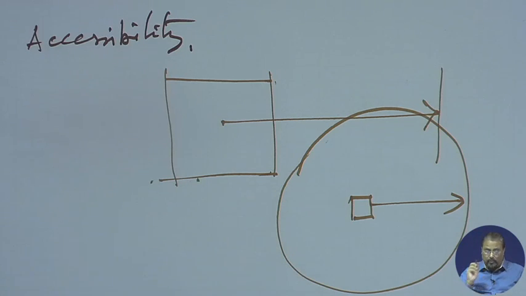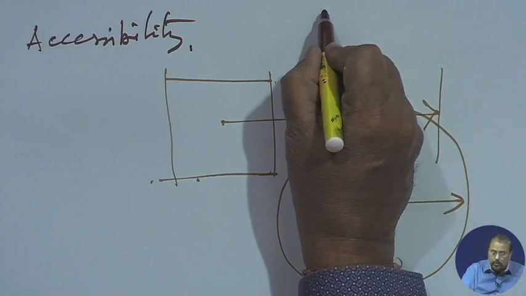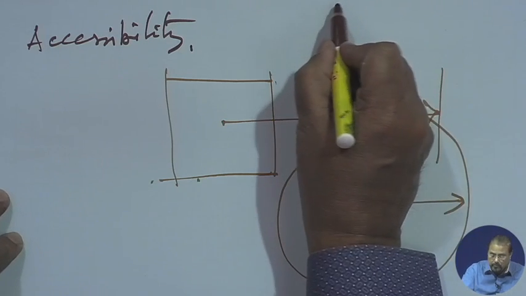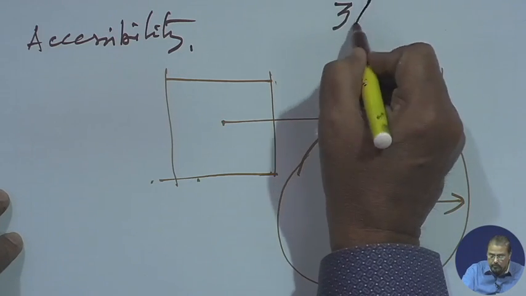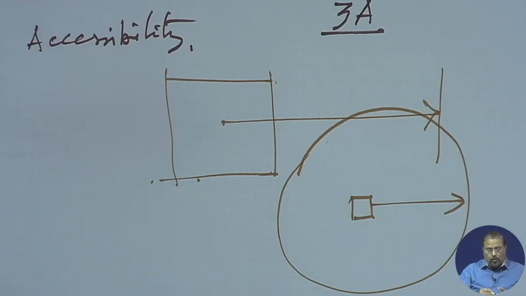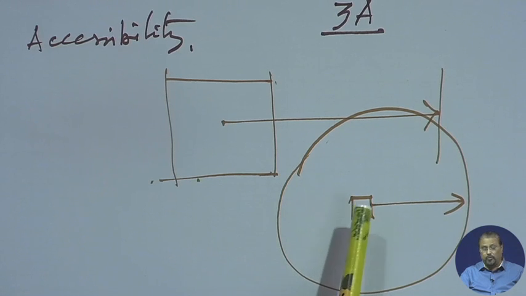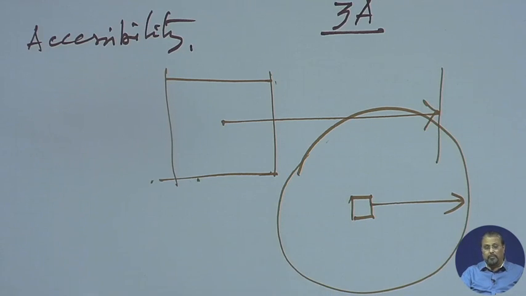Landscape planning. This is the concept of 3A. For any landscape project site, if somebody is creating a landscape project for you and you are the beneficiary of that, you would like to go and experience this particular landscape.